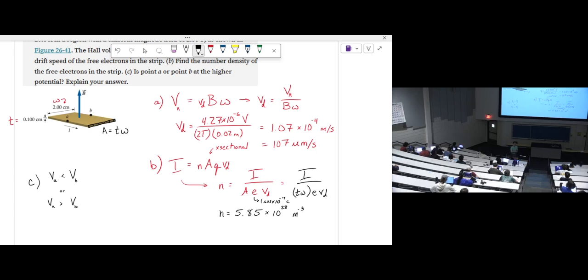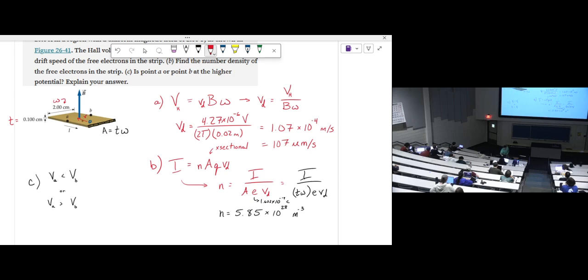Okay, so how did you calculate that? Yes, so if you can't hear what William is saying, you've got electrons that are traveling this direction through the material, right?